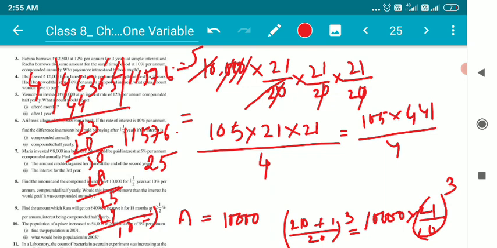So 11,576 rupees and 25 paise is the amount.